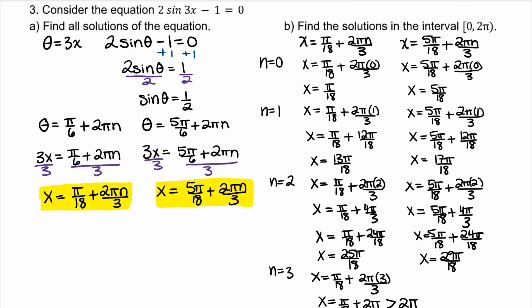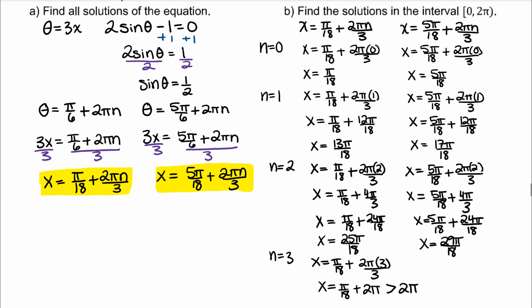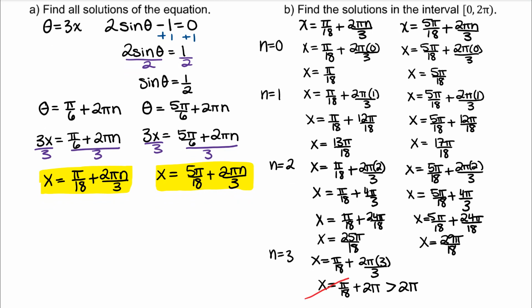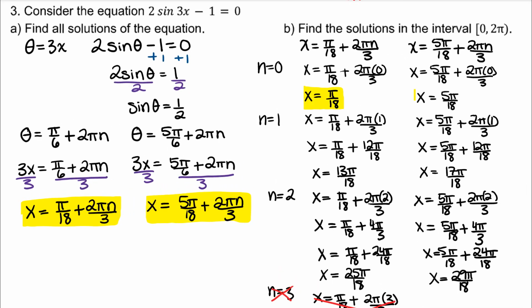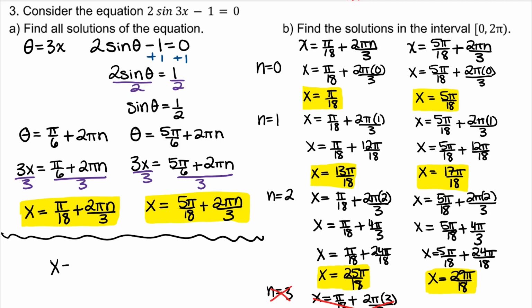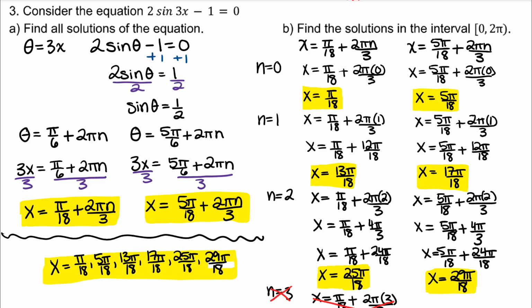The interval for which we're looking for solutions is 0 to 2 pi, but if I'm taking pi over 18 and adding 2 pi, that's definitely greater than 2 pi. So n equals 3 does not give us any more solutions on our interval 0 to 2 pi. Therefore, all the solutions on the interval 0 to 2 pi are pi over 18, 5 pi over 18, 13 pi over 18, 17 pi over 18, 25 pi over 18, and 29 pi over 18.